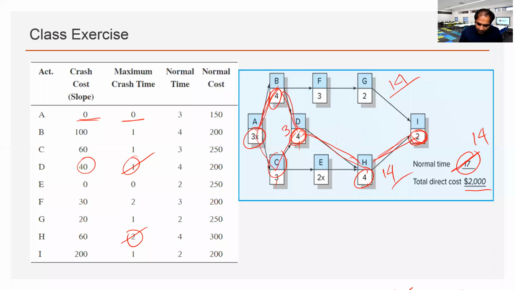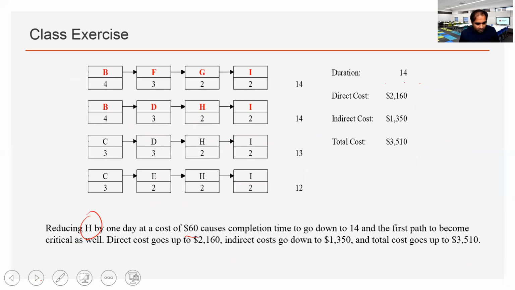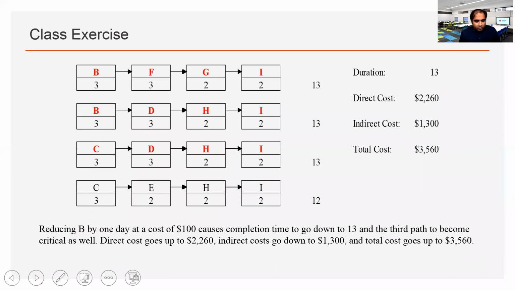This one is now 2. Whether we can crash it any further. Now let's check if we reduce B by 1 day, how much will be the total cost.